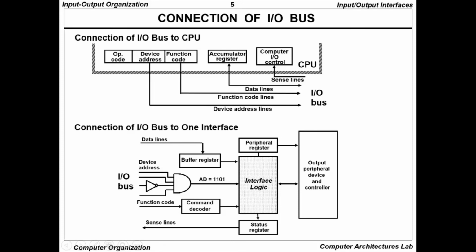Okay, the connection of the IO input output bus to one interface and multiple interfaces. Okay. So this is the exact concept behind how we can transmit the information from source to destination. Maybe transmitting the information from your keyboard to the computer. So the mouse you are using or the keyboard you are using has the input part.